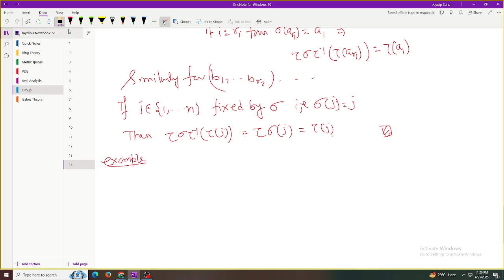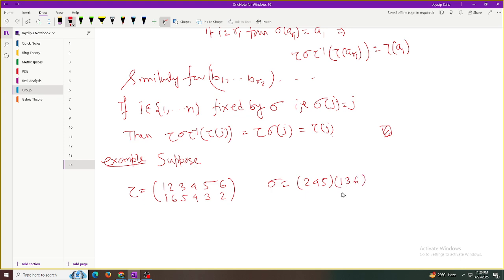Okay, now suppose tau is your 5 6 1 6 5 4 3 2, random, and sigma is your (2 4 5)(1 3)(1 2 3 4 5 6). Then what is tau sigma tau inverse?